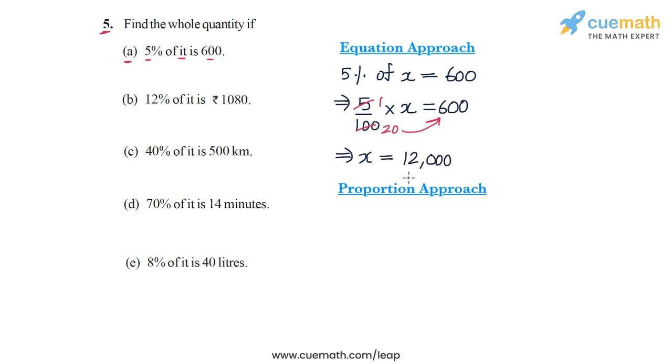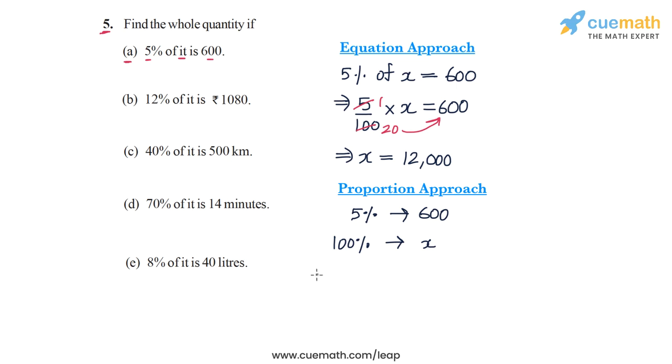Now we can also solve the same question using a proportion approach. So for the proportion approach, we write 5% of a quantity corresponds to 600, and the unknown quantity, let's say that is x again. So 100% of that quantity is x. So 5% corresponds to 600 and 100% corresponds to x.